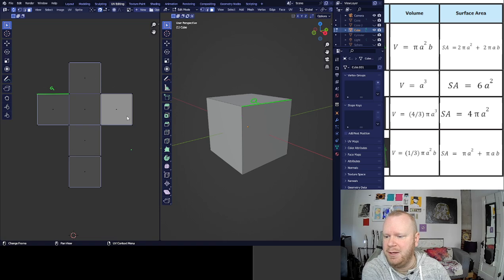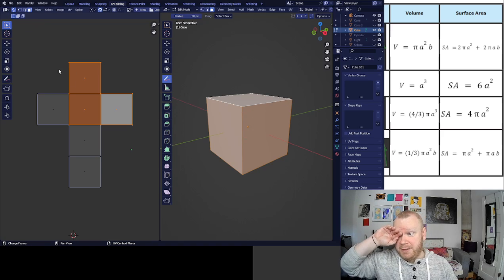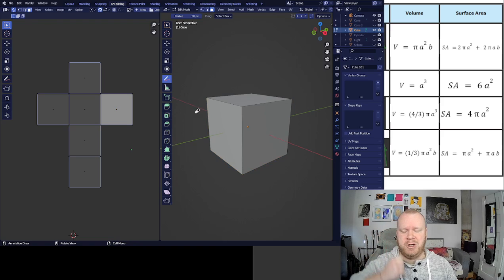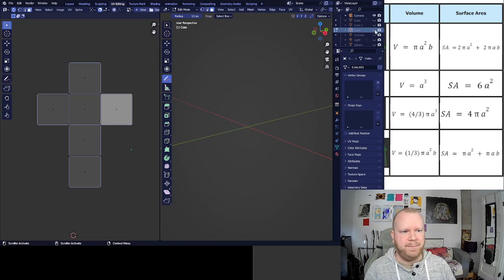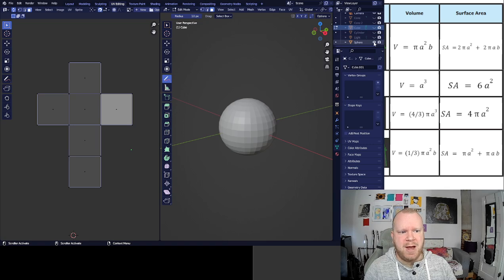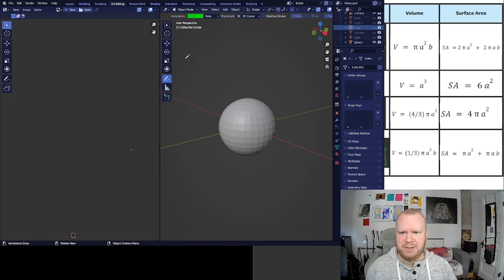The surface area is going to be 6A squared. So that's for the cube. That would be an example of one that I could expect you to have memorized, because we can picture what that cube looks like, and we know where the volume and the surface area come from.